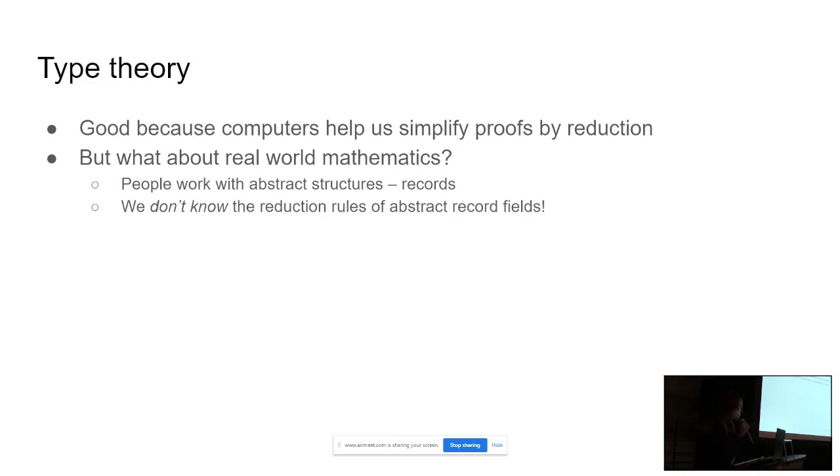In that case, we work with abstract structures. And in type theory, we use records to simulate those abstract structures like groups and categories and stuff. But when we are working with those structures, we don't know the reduction rules of those abstract record fields. For example, when I prove a lemma about a group, I have to do manual rewrites on the group identity rules.